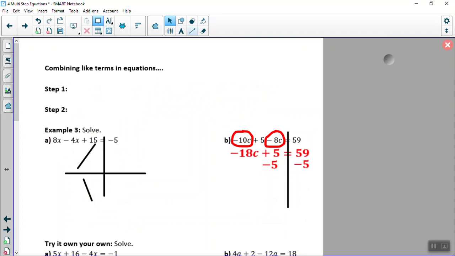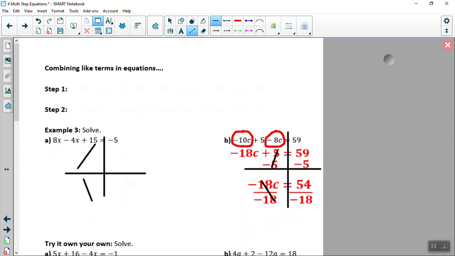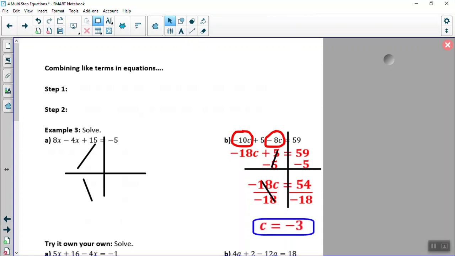Subtract 5 on this side. These 5s cancel out. And then I just like to draw my little line. And then we are left with negative 18c equals 54. Next step is to divide both sides by negative 18. These cancel out. And we are left with c equals negative 3.